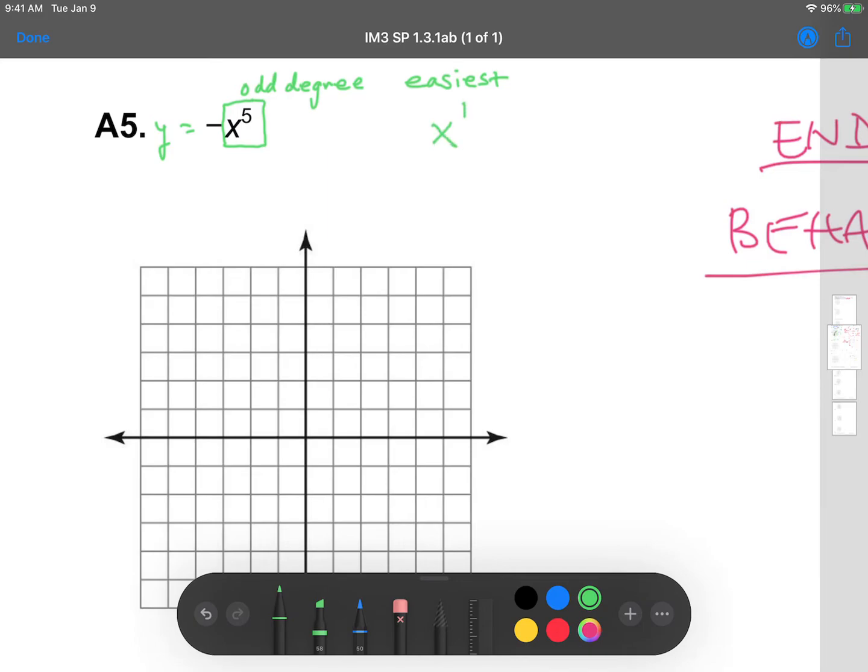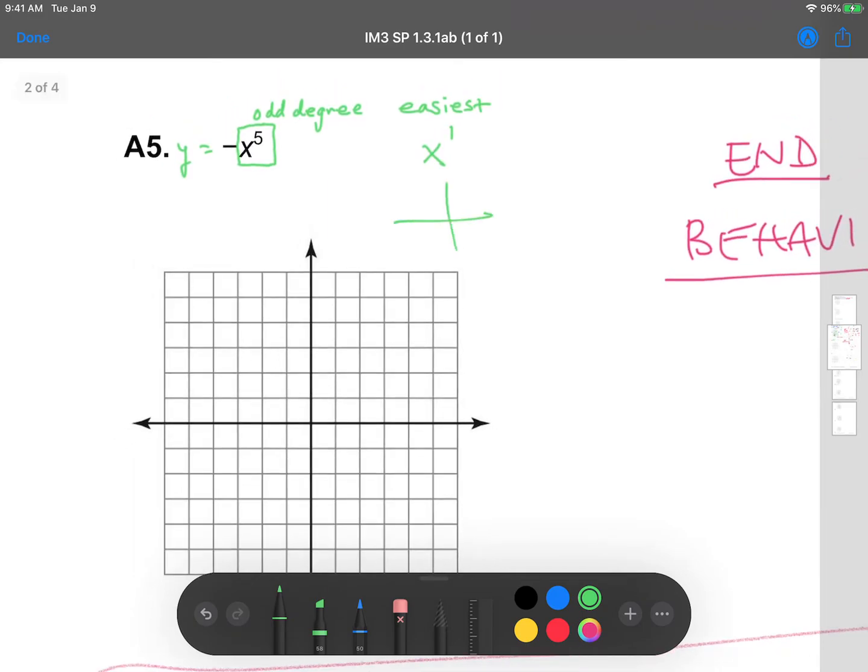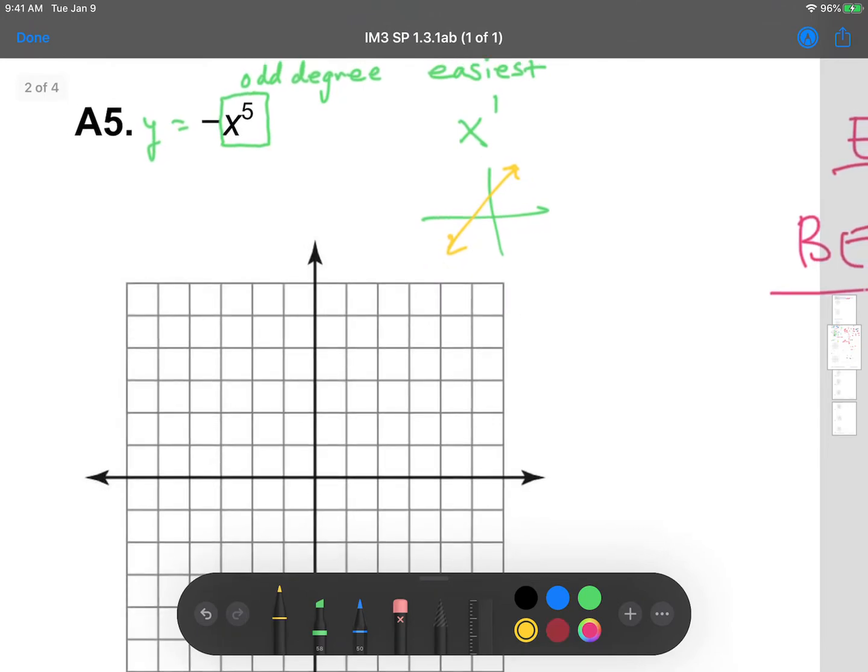Let's just graph x to the 1st. It would look like this. Okay? Now, what does this negative sign do? This negative sign flips it over the y-axis.